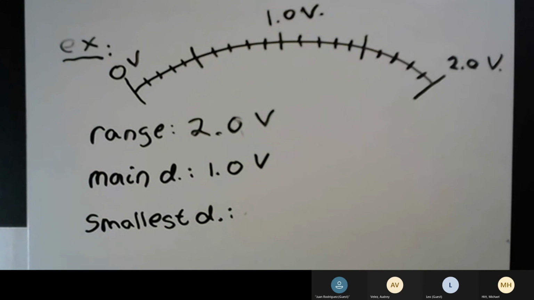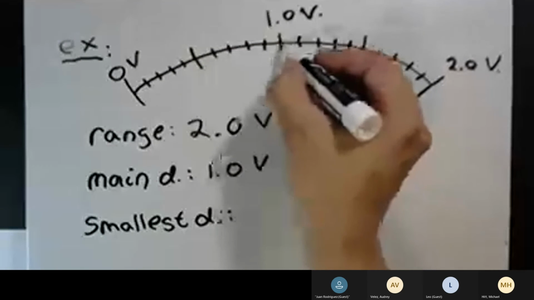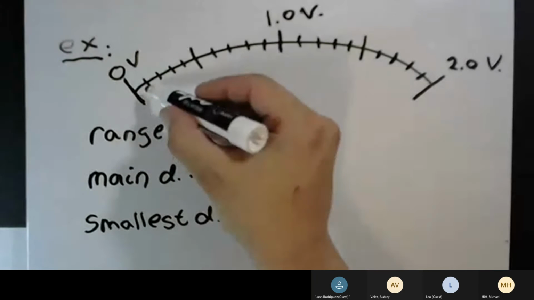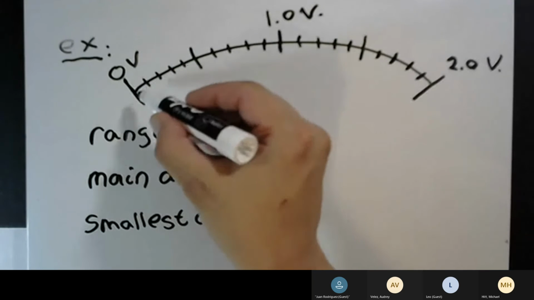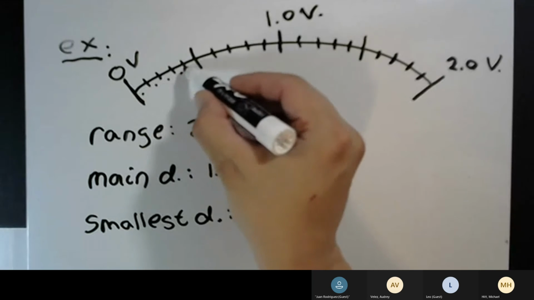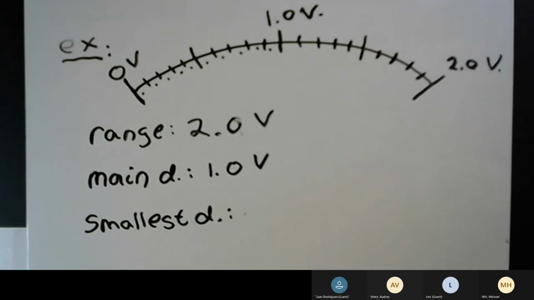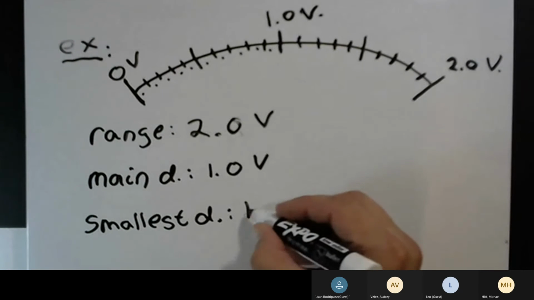Now, if we talk about the smallest division, let's take one of these main divisions. Now they're divided up into 1, 2, 3, 4, 5, 6, 7, 8, 9, 10 smaller portions.